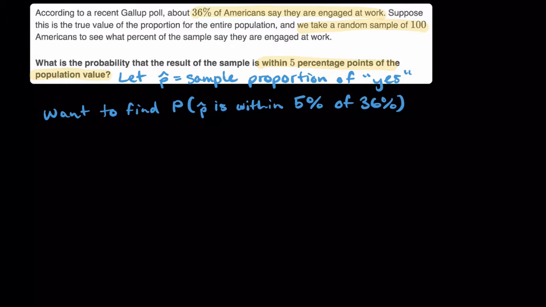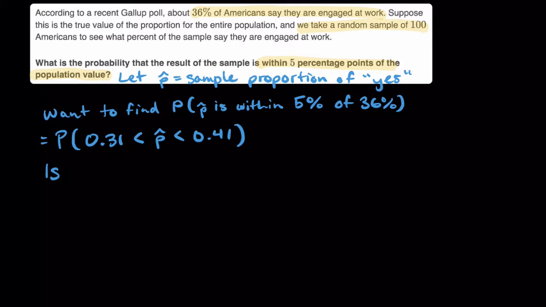So if we write that symbolically, we're looking for the probability that our sample proportion could be as low as 31%. So we could write it this way, saying that p hat is between 31%, and if it's within 5 percentage points of the population value, 36%, it could be as high as 41%. So we could write the probability we're trying to find this way.